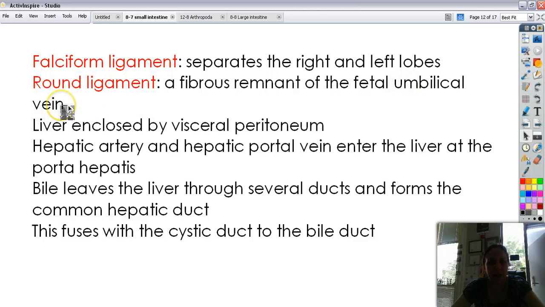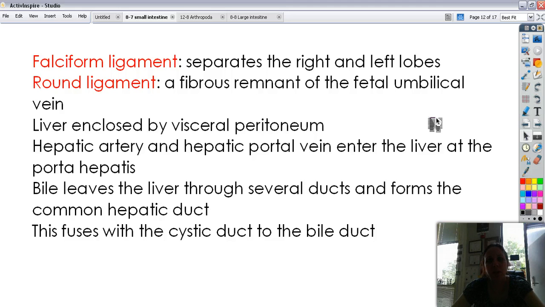Well, the veins inside. Your liver is enclosed by visceral peritoneum, otherwise known as serosa. Your hepatic artery and hepatic portal vein enter the liver at the porta hepatis. So porta means to carry, so to carry things to the liver. Bile leaves the liver through several ducts and forms a common hepatic duct. So your liver makes bile, but we always think of bile going with the gallbladder.